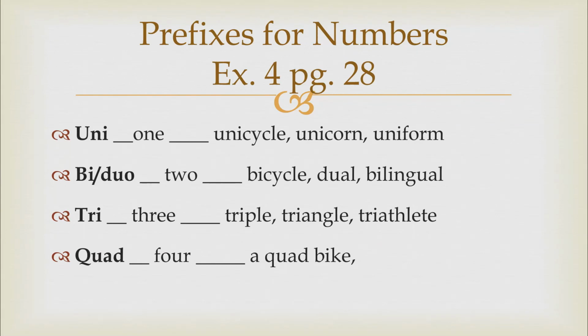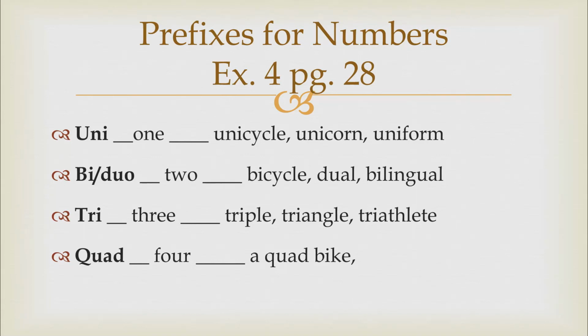These are prefixes for numbers. The prefixes are uni, that means 1, bi, that means 2, tri, that means 3, quad means 4. Make words by using these prefixes. Uni: unicycle, unicorn, uniform, that means a cycle that has one tire, an animal that has one horn, a uniform having one shape.